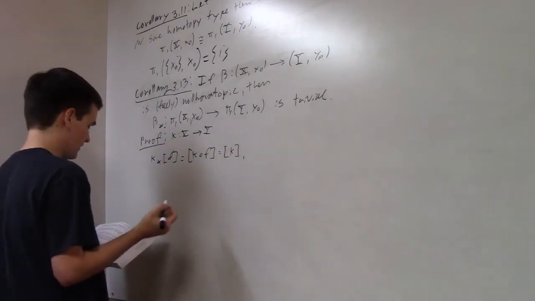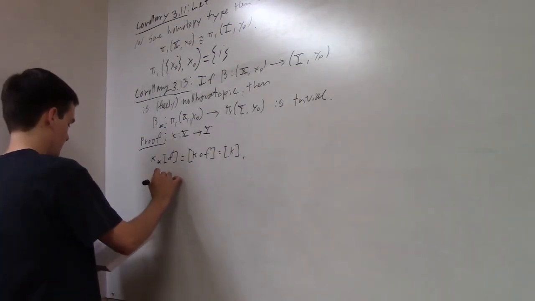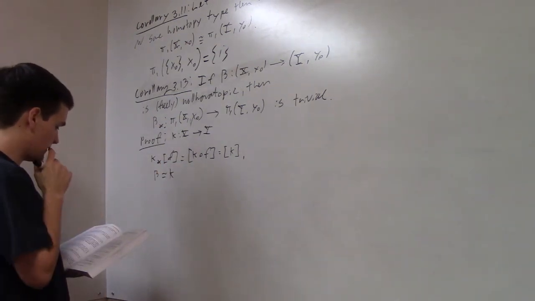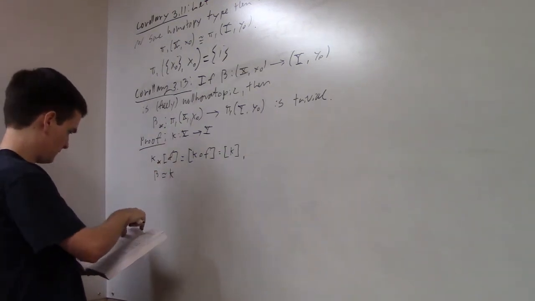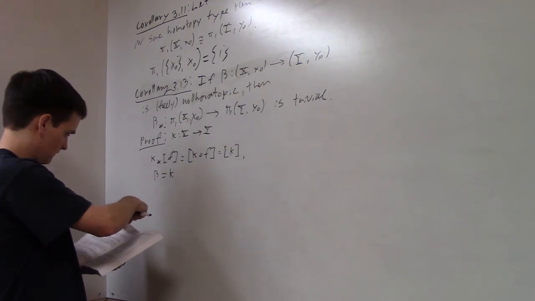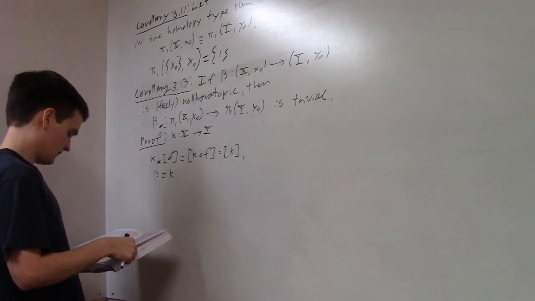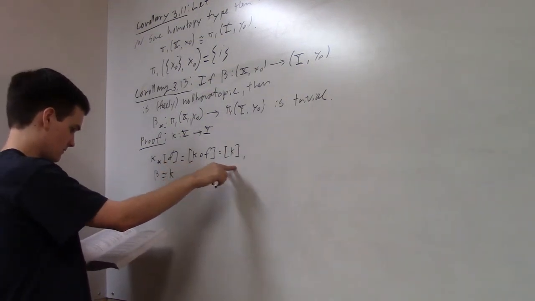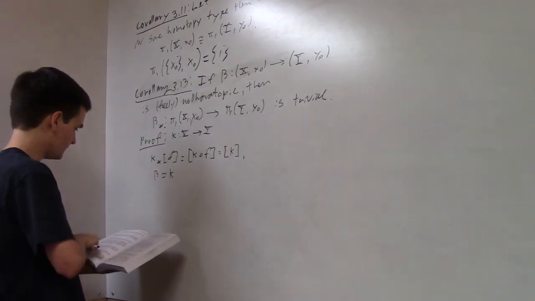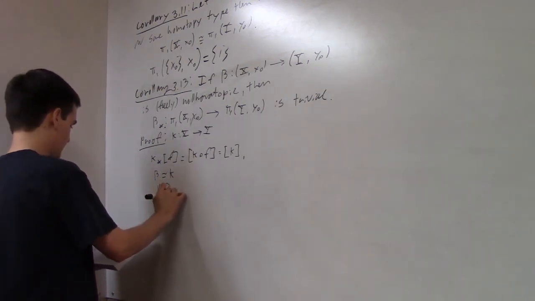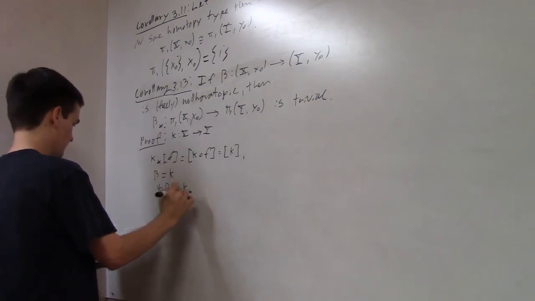What I was missing is that we also have beta homotopic to K, and K of F homotopic to K. Therefore, by the lemma, there's an isomorphism psi such that psi of beta star is equal to K star.